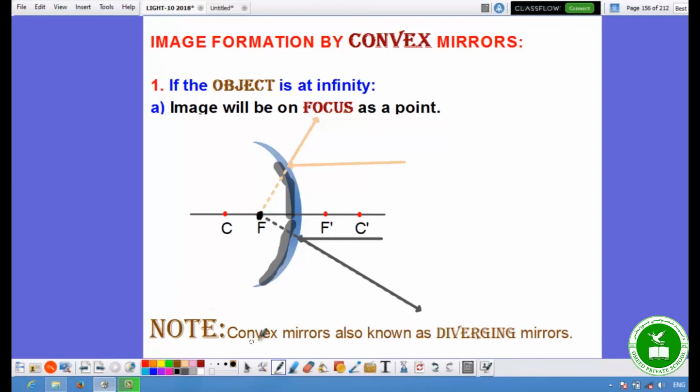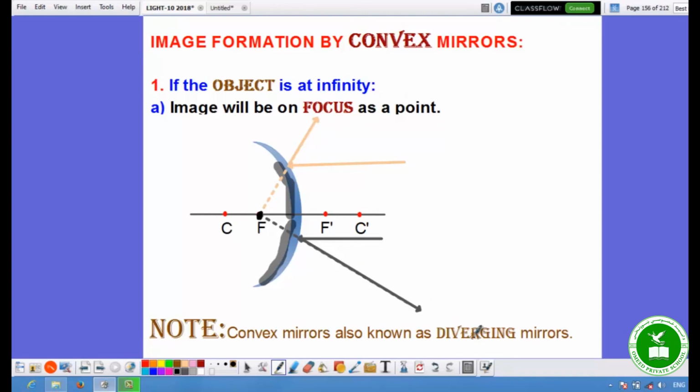You see this note? Convex mirrors are also known as diverging mirrors. How can we say they are diverging mirrors? Because you see these incident rays are diverted from each other. They are reflected away from each other, they never intersect each other, they are just away.